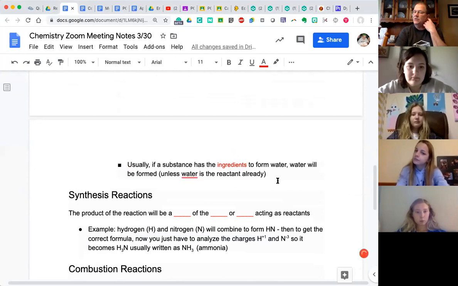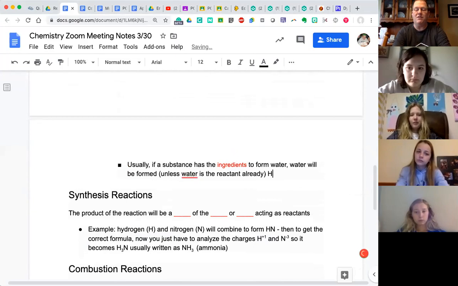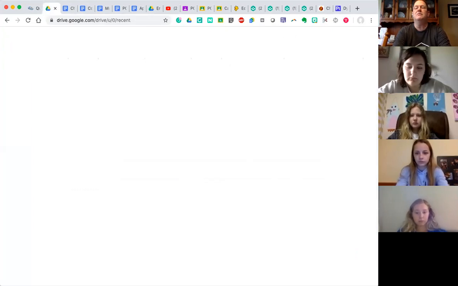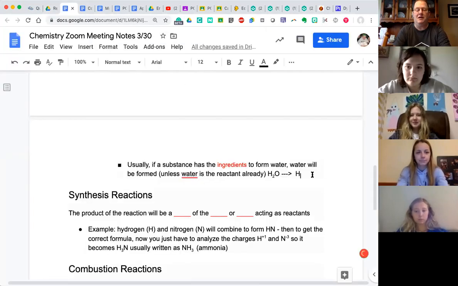So water is going to be one of those things, unless we're breaking down water. If we're breaking down water, we're not going to form water. We'd form hydrogen and oxygen.